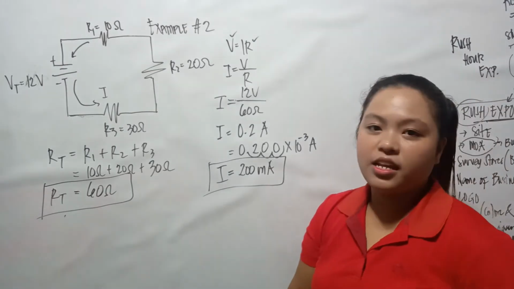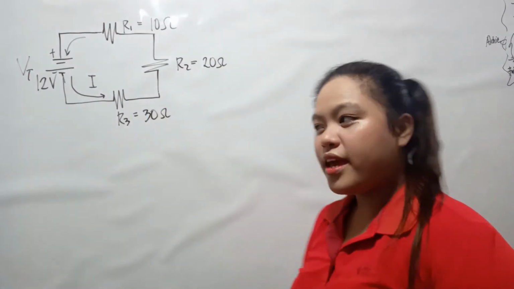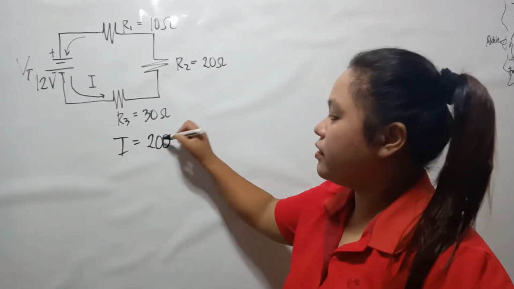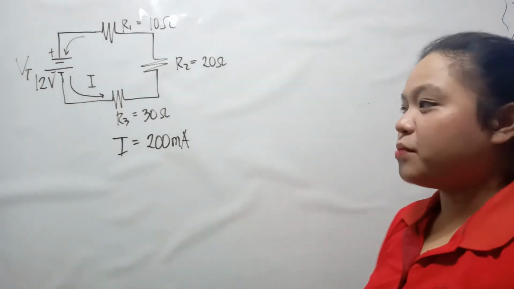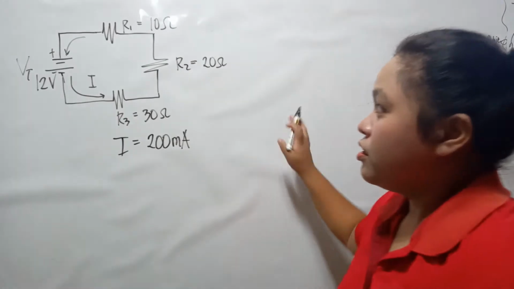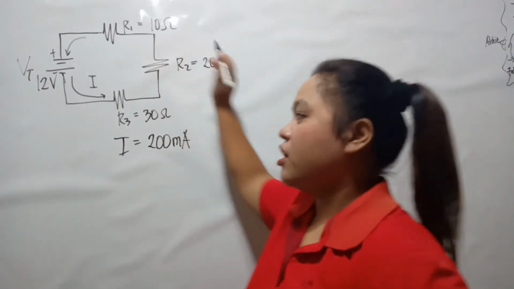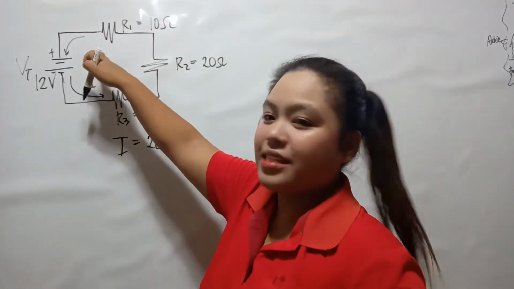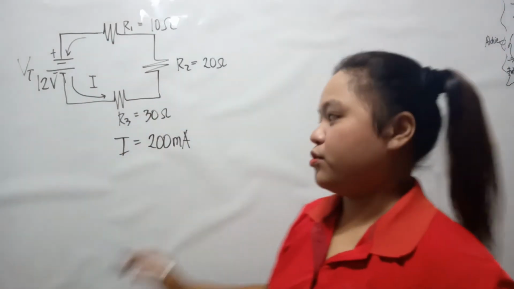Next is the voltage drop in each resistor. We have the current equal to 200 milliampere. Now let's solve the voltage drop in each resistor. We have the current and we have the resistance. Again, current is the same through all, as it passes through resistor 1, resistor 2, and resistor 3.